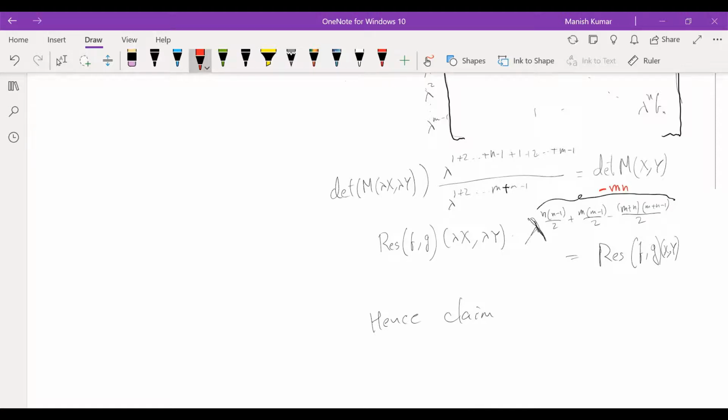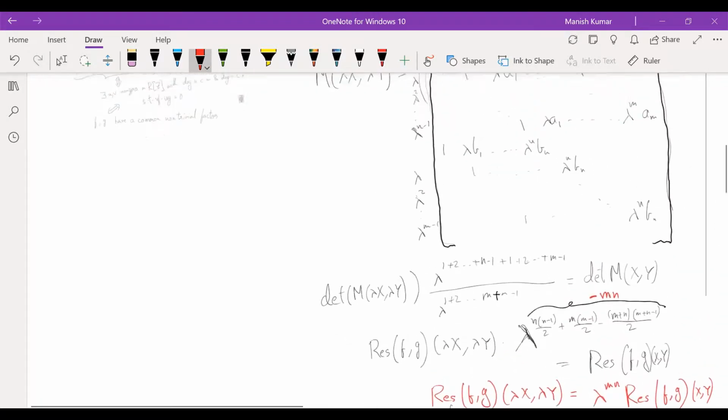So what we get is that the resultant of f, g at lambda x, lambda y is lambda to the power mn times the resultant of f, g evaluated at x, y. So that tells us that the resultant of f, g is a homogeneous polynomial of degree mn. So that was the claim.